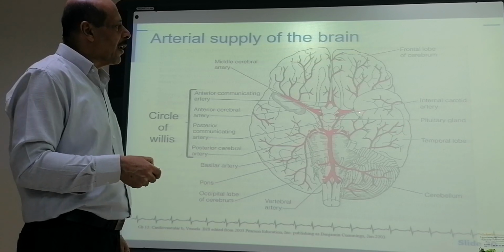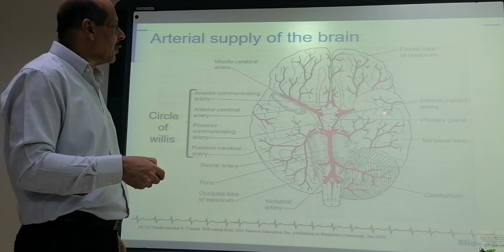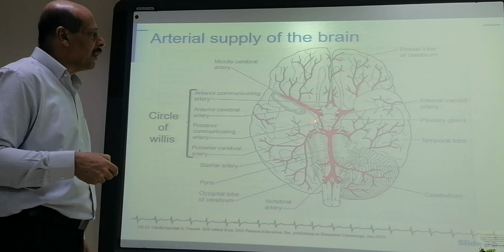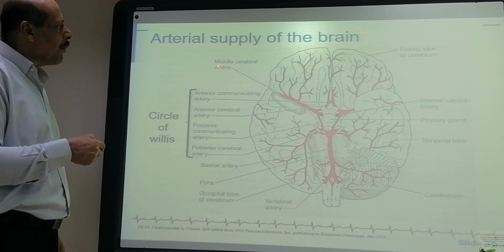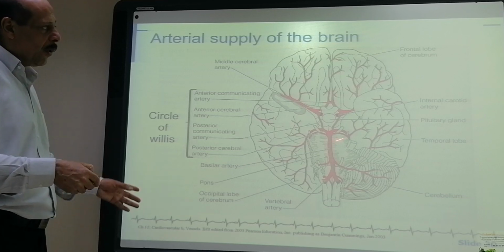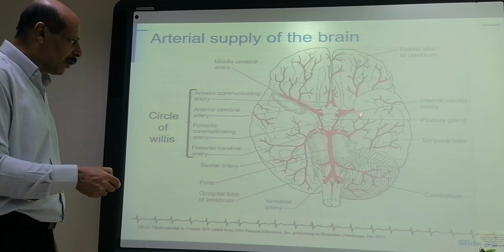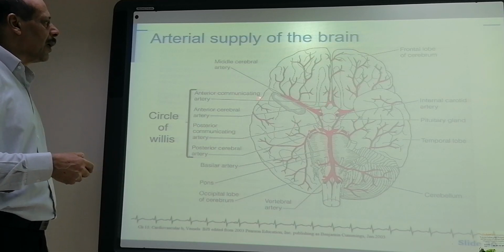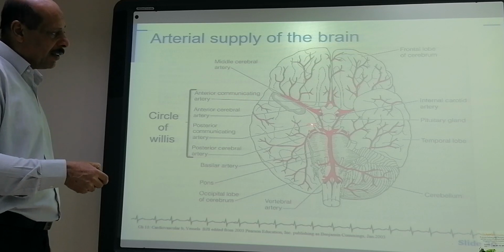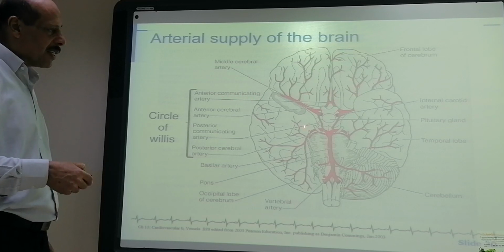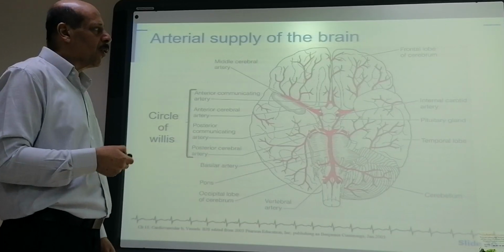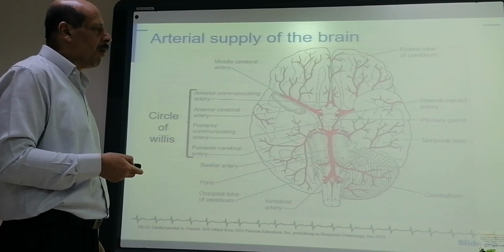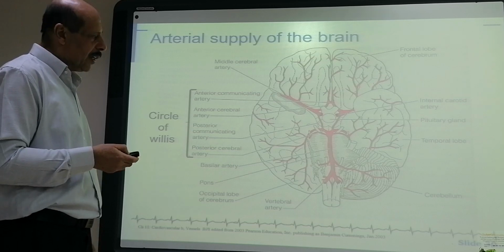This is the pituitary gland here. This is the internal carotid artery, right and left, and this is the middle cerebral artery. All of them are joined together through communicating arteries to make a circle, and that circle helps the brain get its demand for oxygen and nutrients.